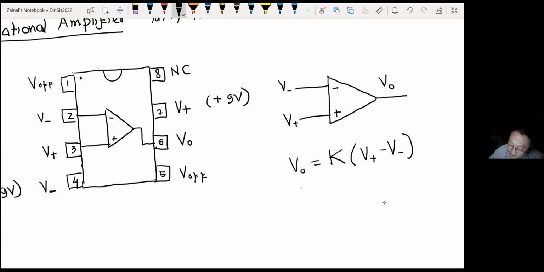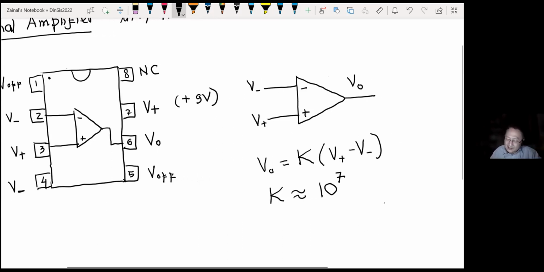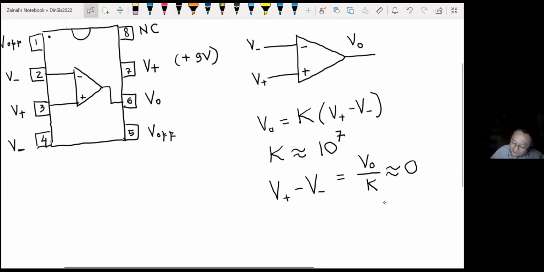The value of K is approximately 10 to the power 7, which is very, very large. What does it mean? It means that V plus minus V minus is equal to VO divided by K, and this is almost 0. It means that V plus will be the same as V minus.